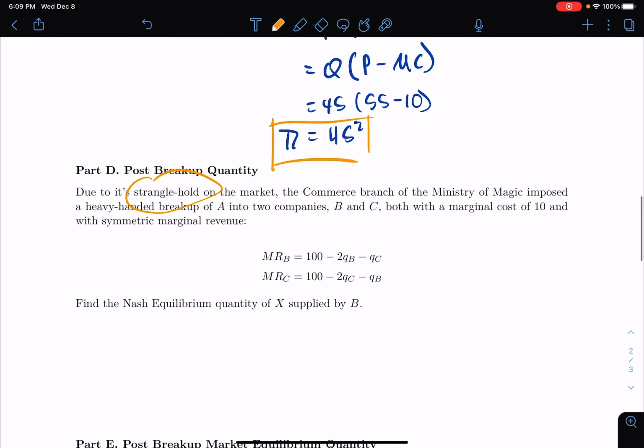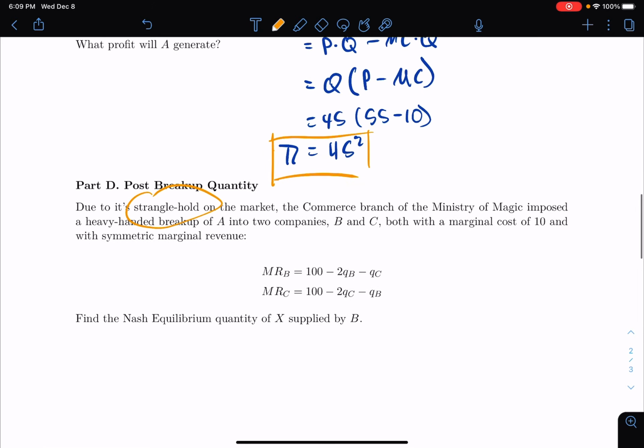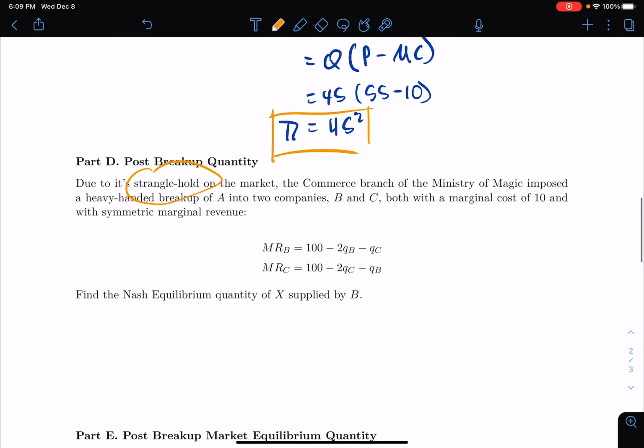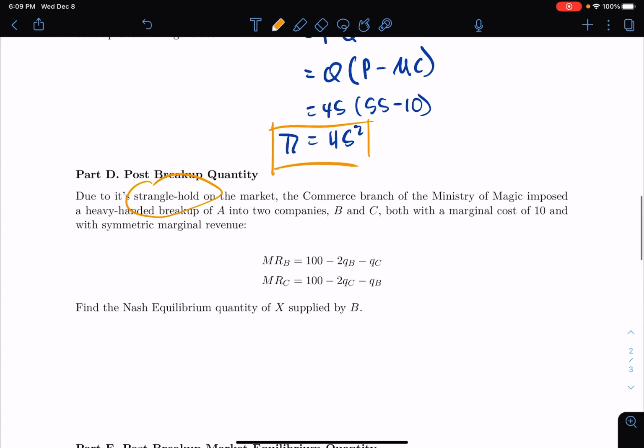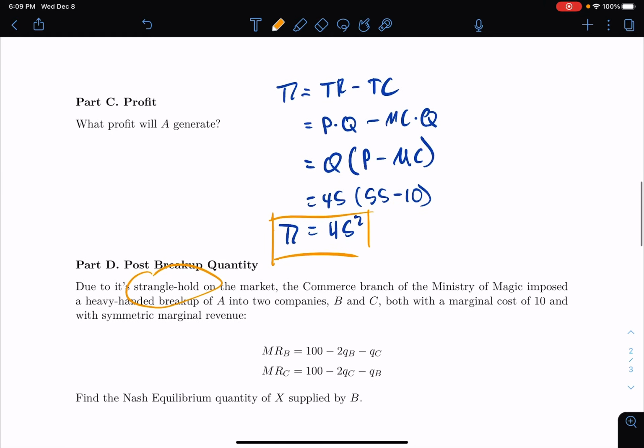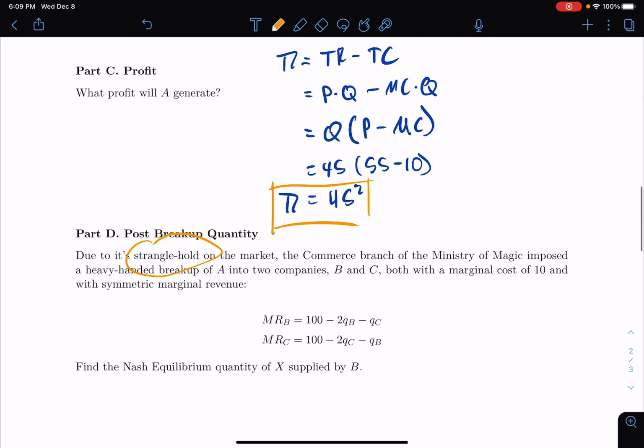And this is something that's often talked about in these sort of natural monopoly markets. Sometimes when we see close to monopolies living out in the wild, the government comes in and regulates.